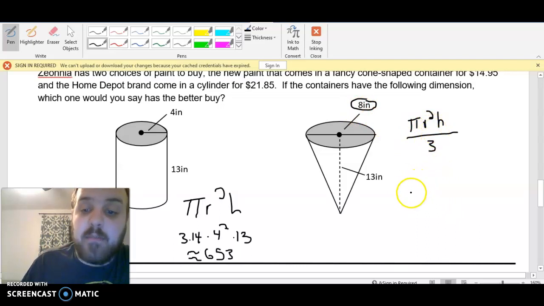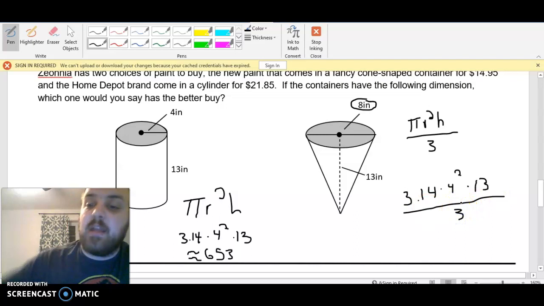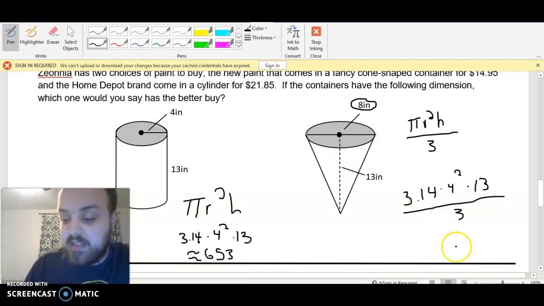So I'm going to have 3.14 times 4 squared times 13, and then we're going to divide that by 3. Again, I'll take my calculator and put that in, and when I calculate it, I get 217.7, which I'm going to round to about 218.